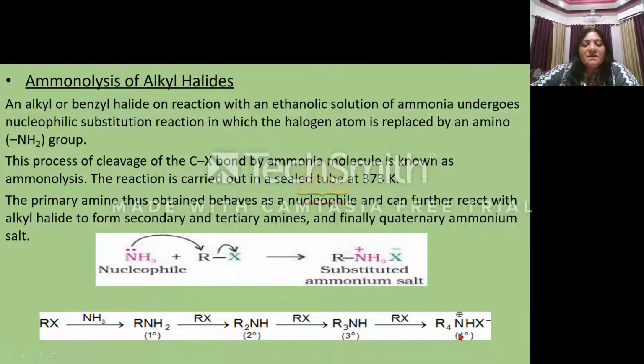So the primary amine thus obtained behaves as a nucleophile and can further react with alkyl halide to form secondary, tertiary, and finally the quaternary ammonium salt. So the preparation of pure amine is not possible by the ammonolysis of alkyl halide.